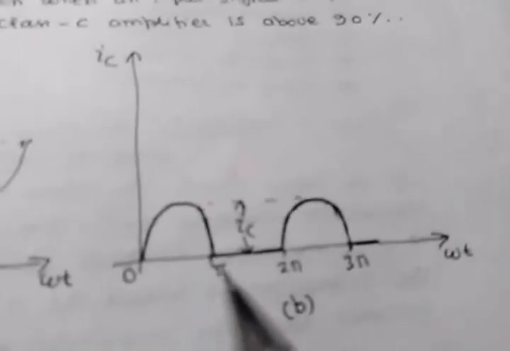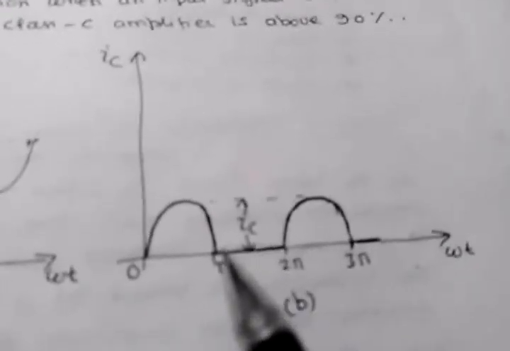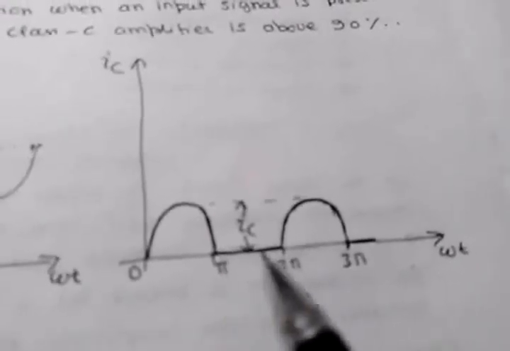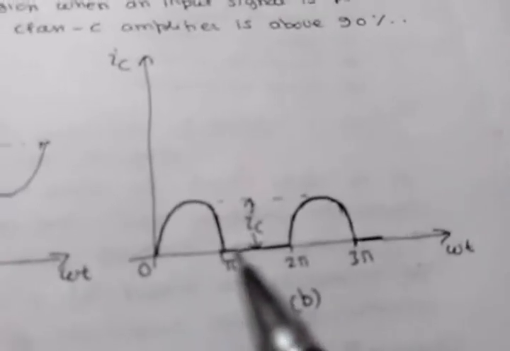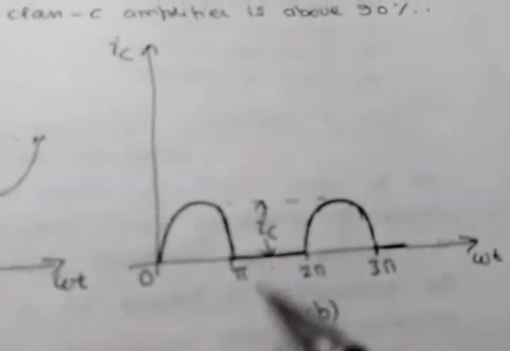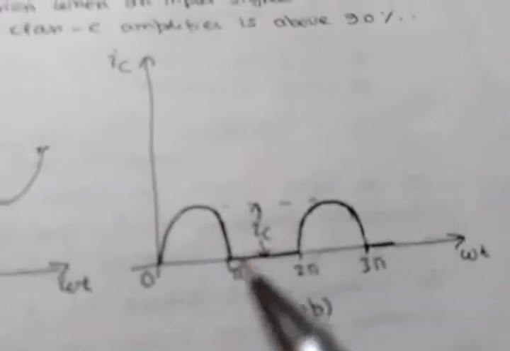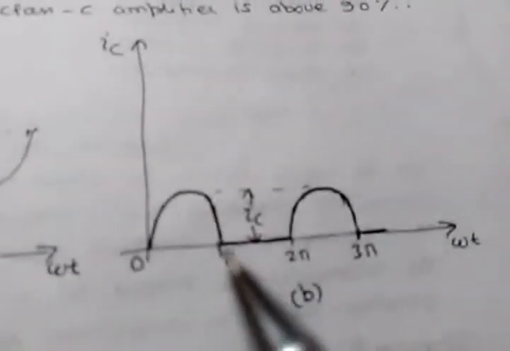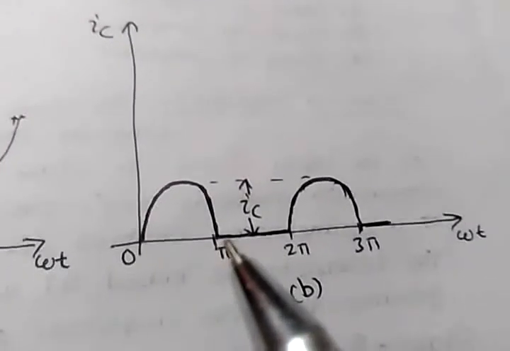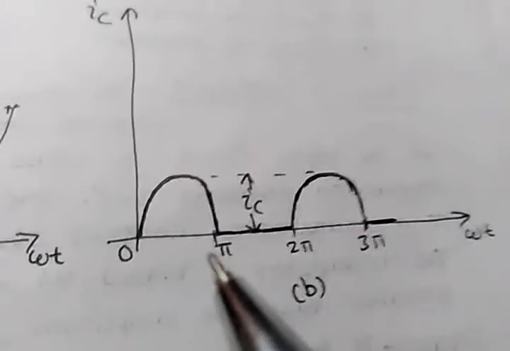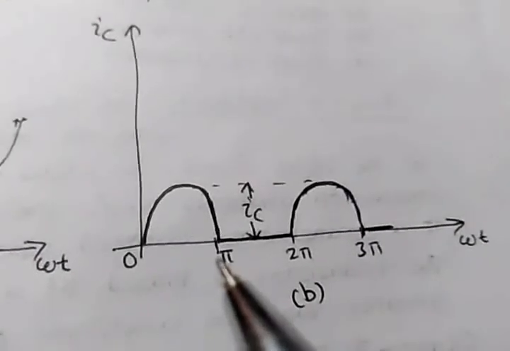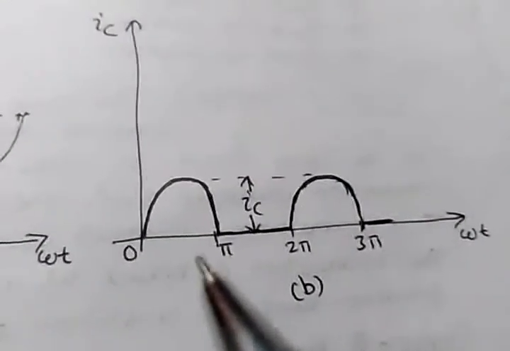In this case, only in the positive half cycle of the input signal is collector current flowing, and in the negative half cycle the collector current is 0. It means conduction angle of class B amplifier is 180 degrees. This class B amplifier is designed to conduct only in the positive half cycle. The class B amplifier can also be designed to conduct in only the negative half cycle.